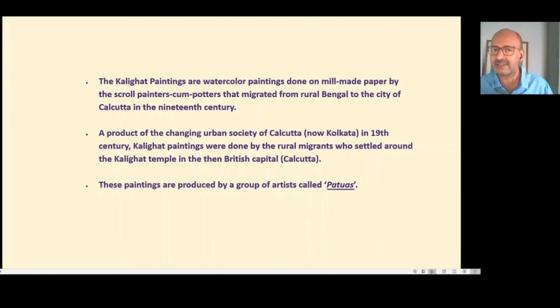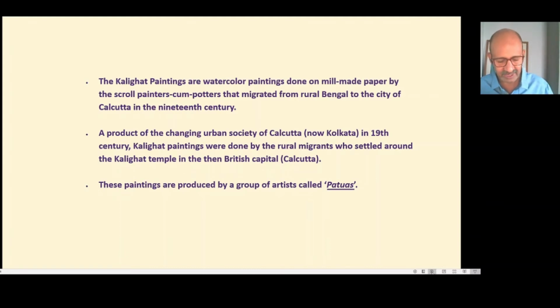Actually, Kalighat painting can also be seen as a product of the changing urban society of Calcutta in the 19th century. Because they were done by these rural migrants who settled around Kalighat temple, they started everything afresh, but they also carried some elements of the tradition that they left behind.